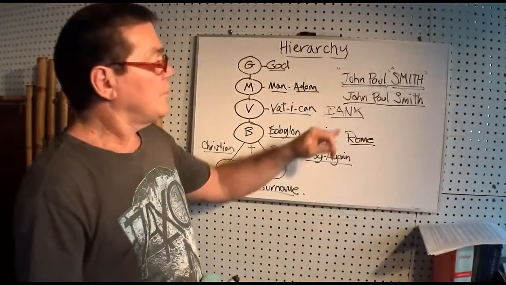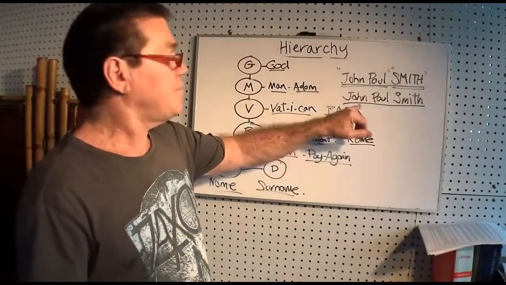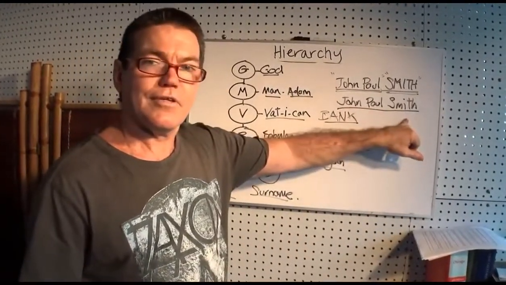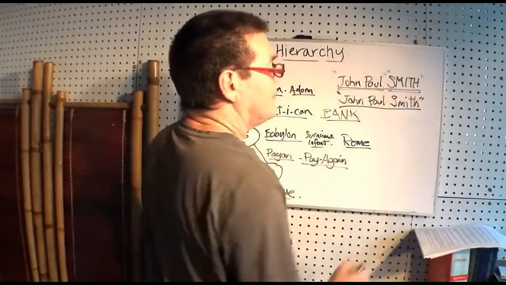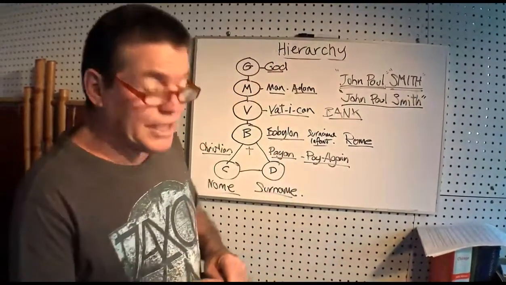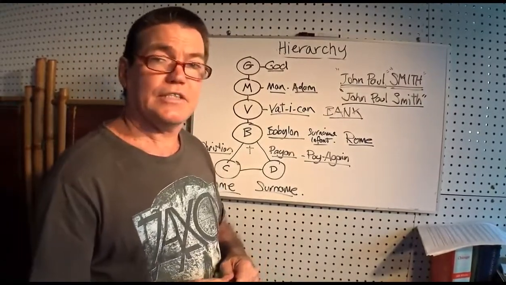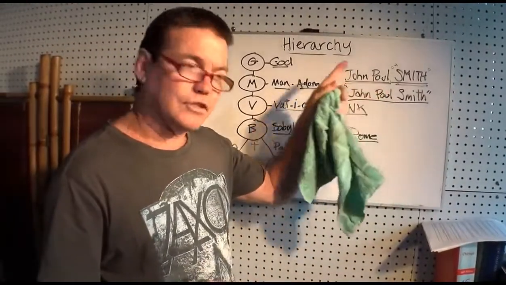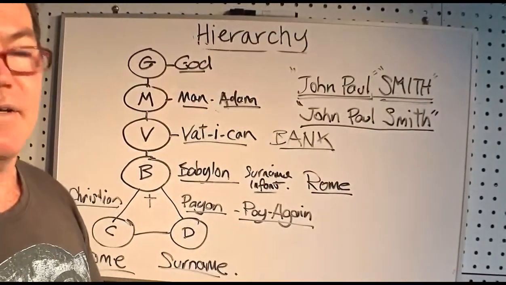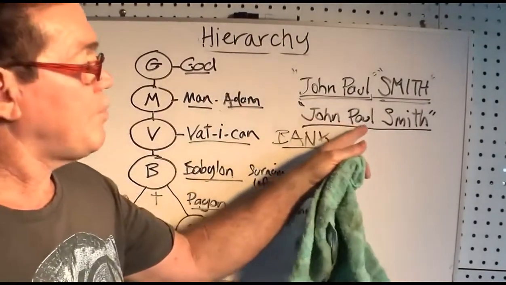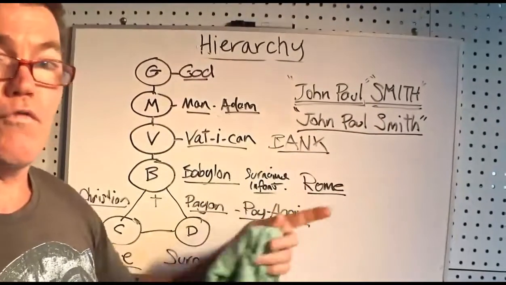So when a police officer comes to you and says, what's your name and your date of birth, you'll say, oh, sir, my name is John Paul Smith. And yet the name written on the birth certificate says John Paul. So straight away, someone's made an error, someone's made a mistake.